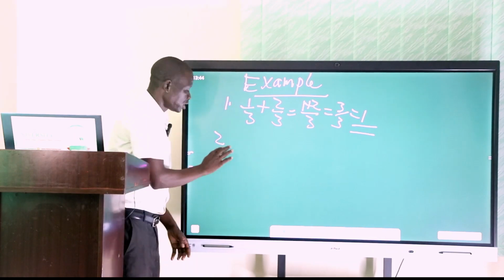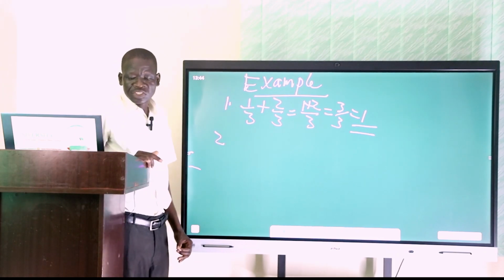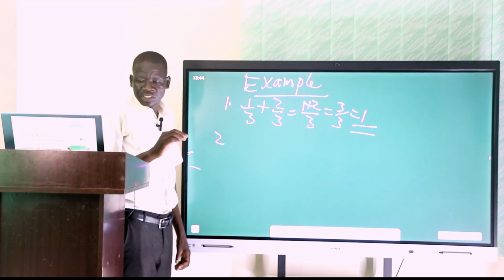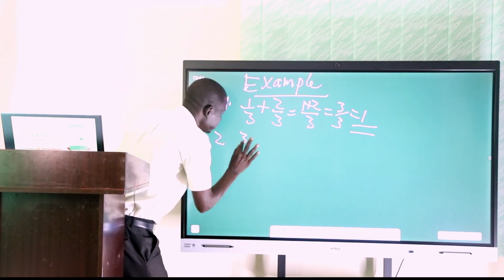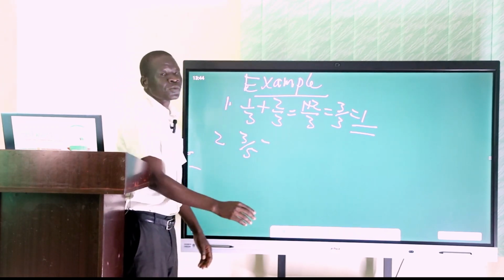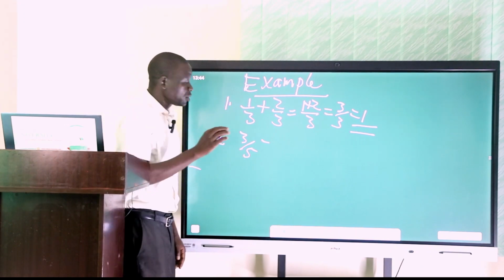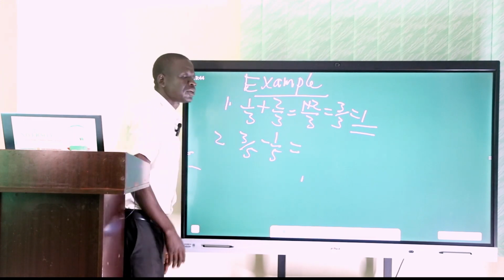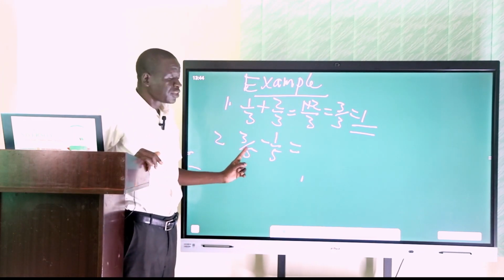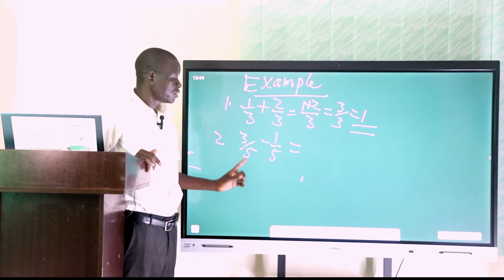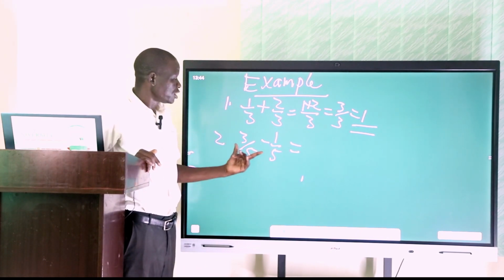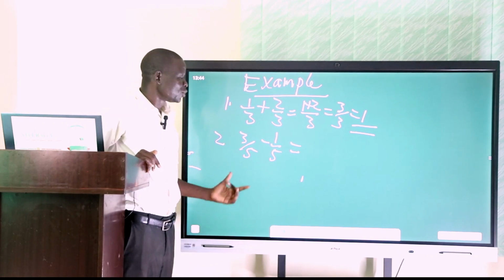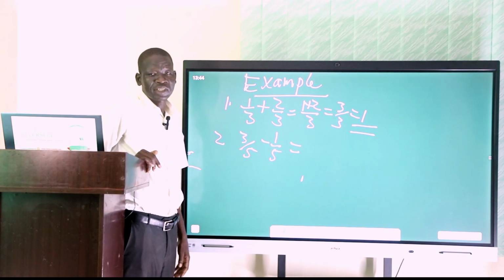Example 2, we can have one in the form of a subtraction, like subtract 3/5 minus 1/5. In this case, the denominators are also the same. We have 5, we have 5. Since the denominators are the same, we simply subtract the numerators only.